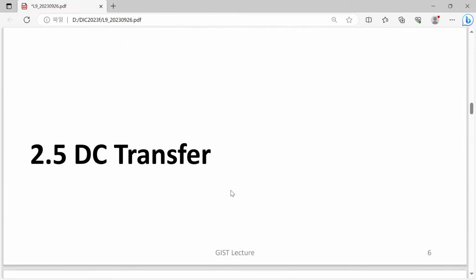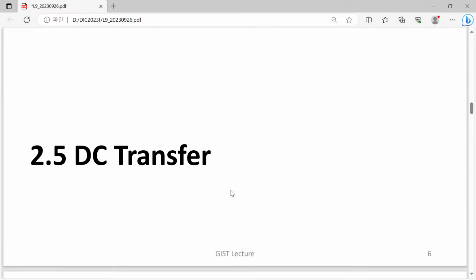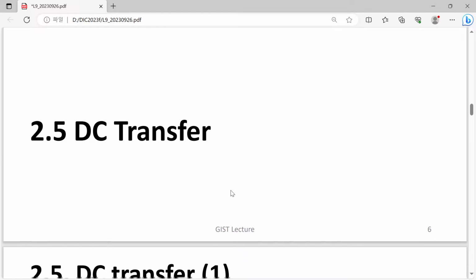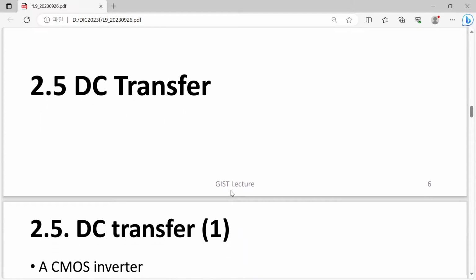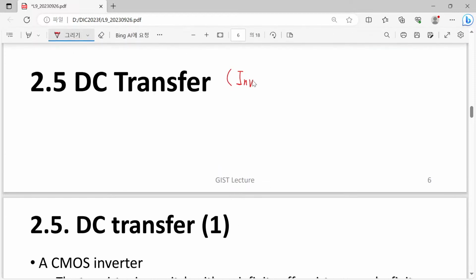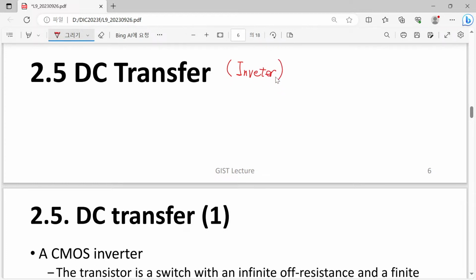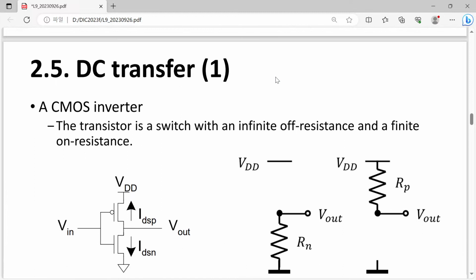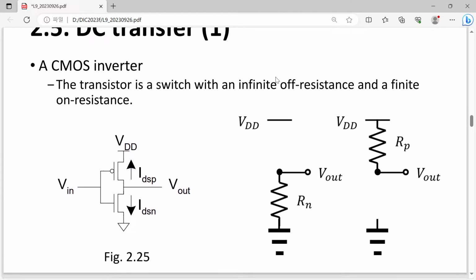Okay, so I think that this is the end of our discussion on MOS transistors. So now let's go to the inverter. Although that is written as DC transfer, this part is devoted to our CMOS inverter. So now consider a CMOS inverter.